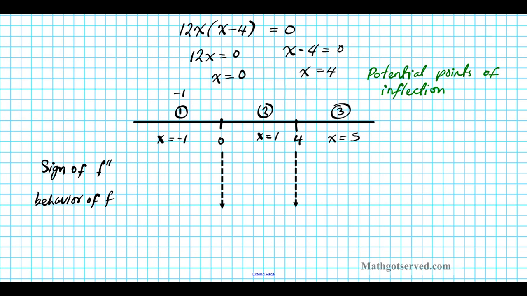So let's do this on the side right here. Second derivative again. Let me write it in its factored form so it's easy to tell what the sign is without doing much work. For interval 1, we're doing f double prime of -1. So we have 12 times -1 times -1 minus 4.